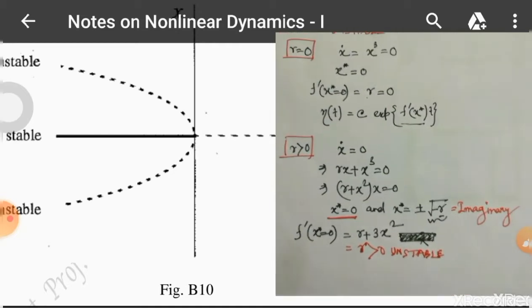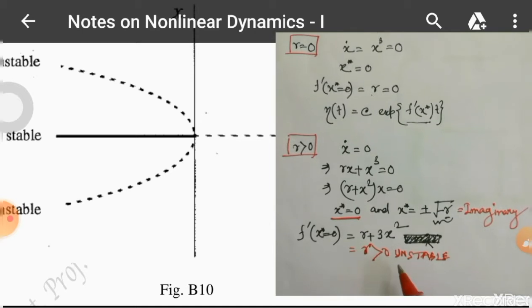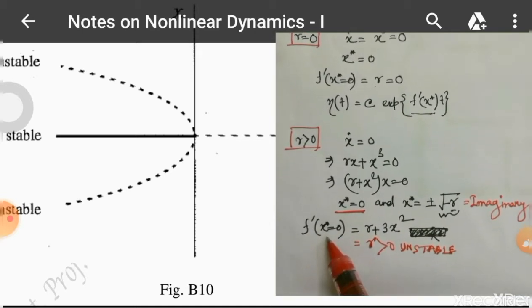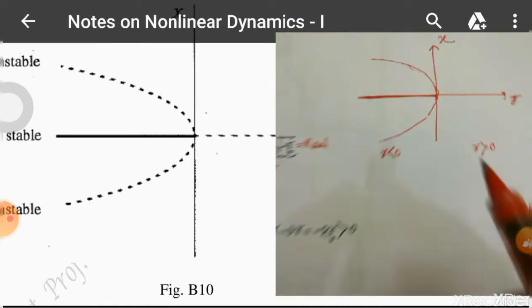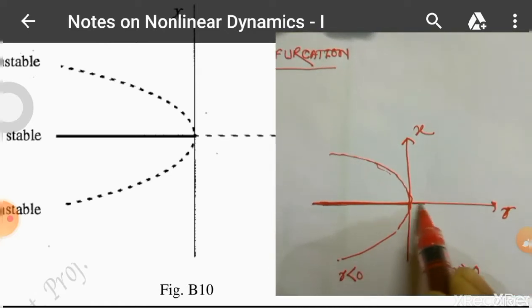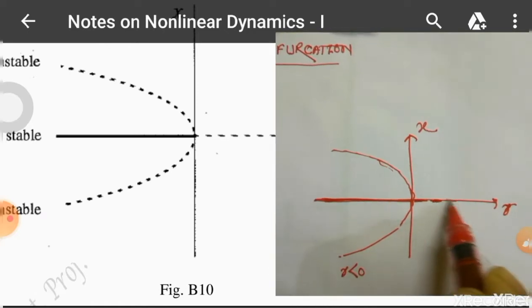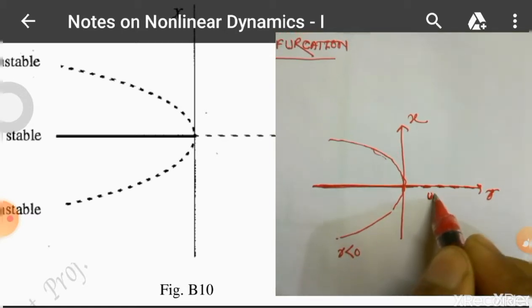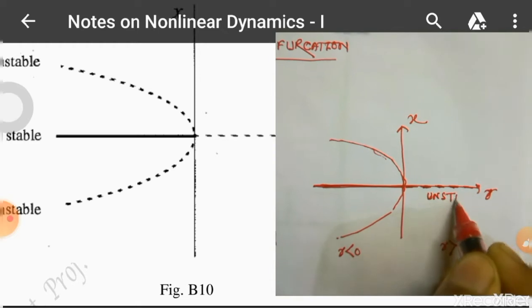So for r greater than 0, we have only one fixed point, which is at x equal to 0, and which is an unstable fixed point. So this line will be a dotted line. In this line the fixed points are unstable.